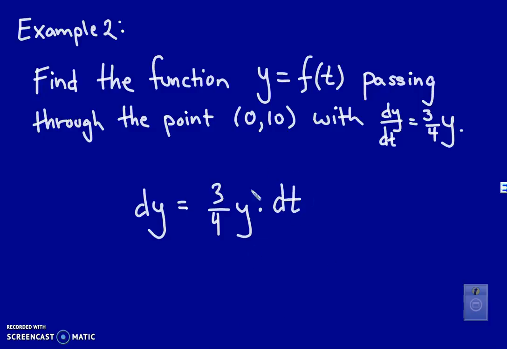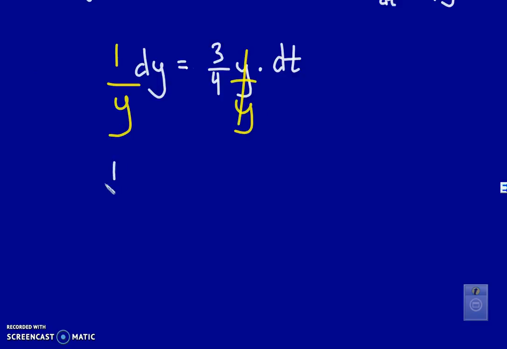And then when I divide both sides by y, I then have 1 over y dy is equal to 3 over 4 dt.